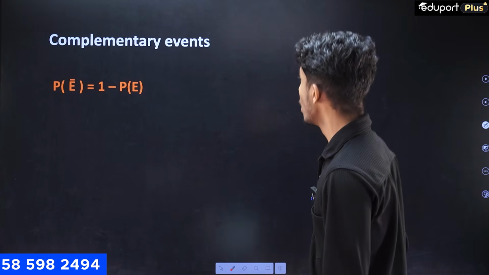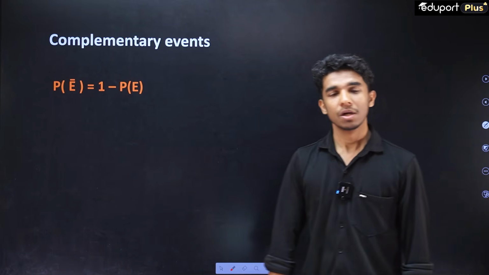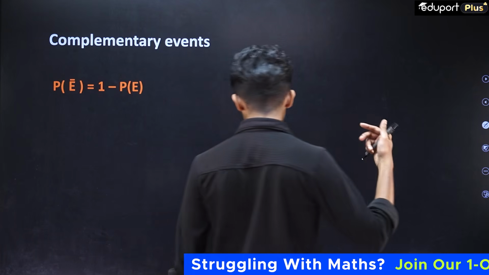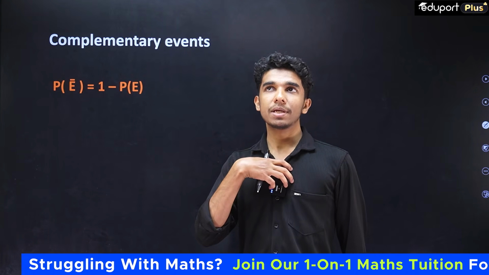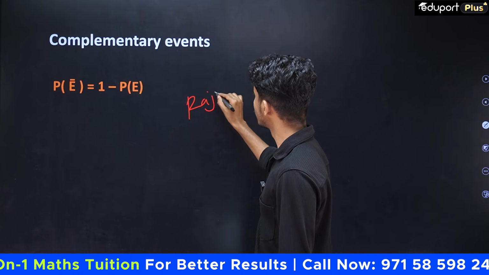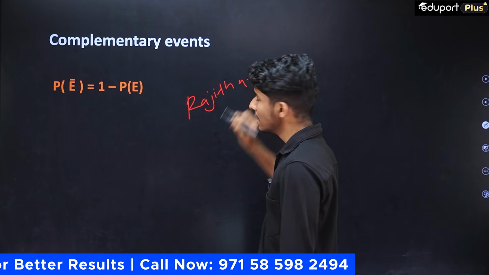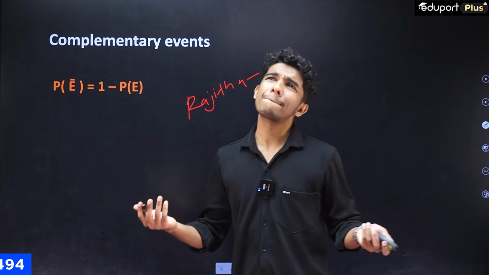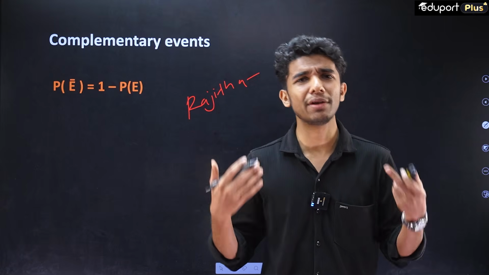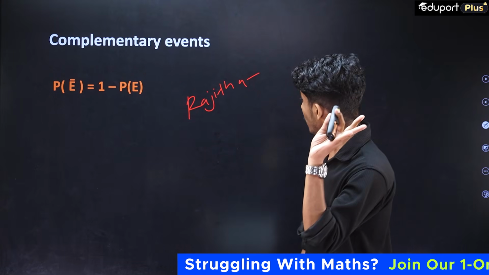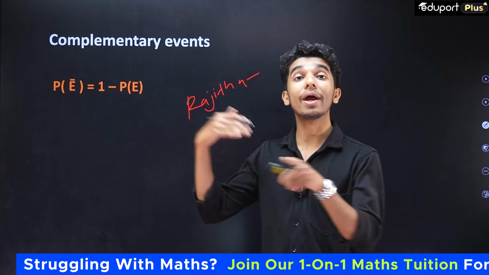Complementary events are very simple. Suppose we take a person, Regida, who does a marathon or any kind of program or exam. Let him do an exam.